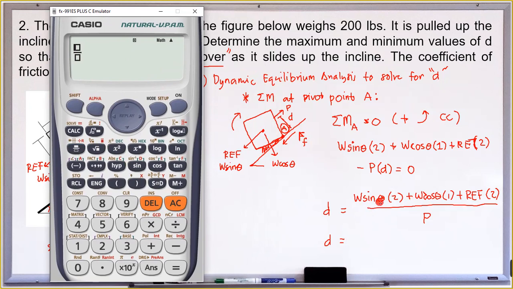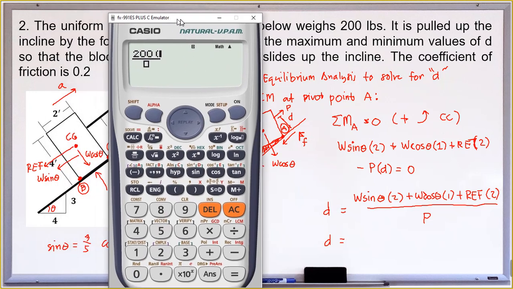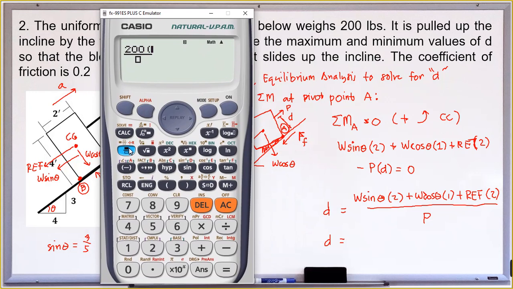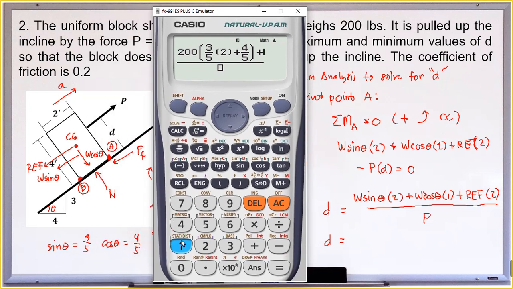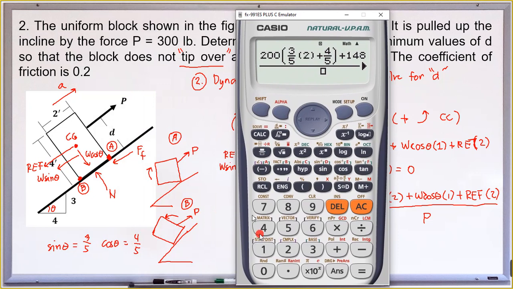So we can factor out W here. So W again is 200. So our sine theta, that is 3/5, times 2 plus cosine theta is 4/5. So 4/5 times 1 or simply 4/5 plus the reverse effective force 148 man to kaganiha times 2 divide by P, which is 300 pounds.